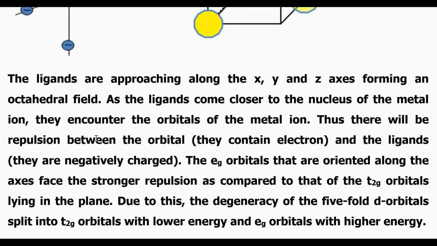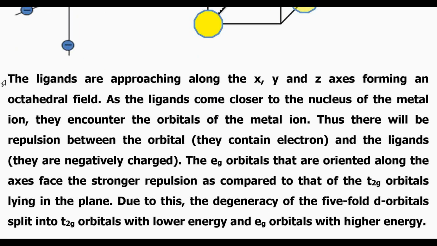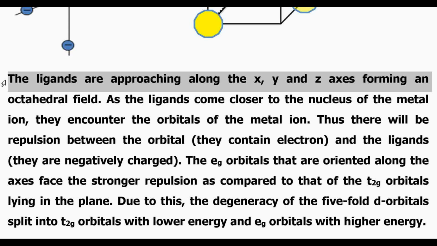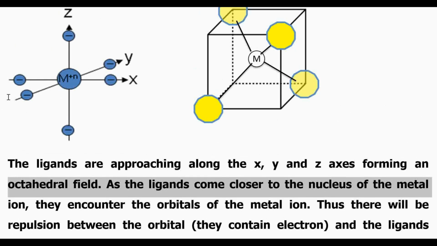I will explain the right hand side figure after some time. The ligands are approaching along the x, y and z axis, forming an octahedral field. If these ligands approach the metal ion in these directions, then the geometry of the complex will be octahedral. See, 4 will be in one plane, one up and one down. So that field is called an octahedral field.